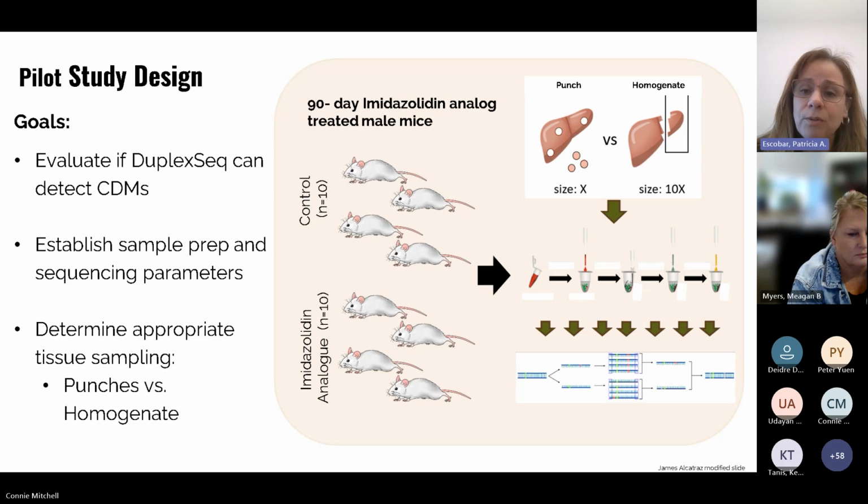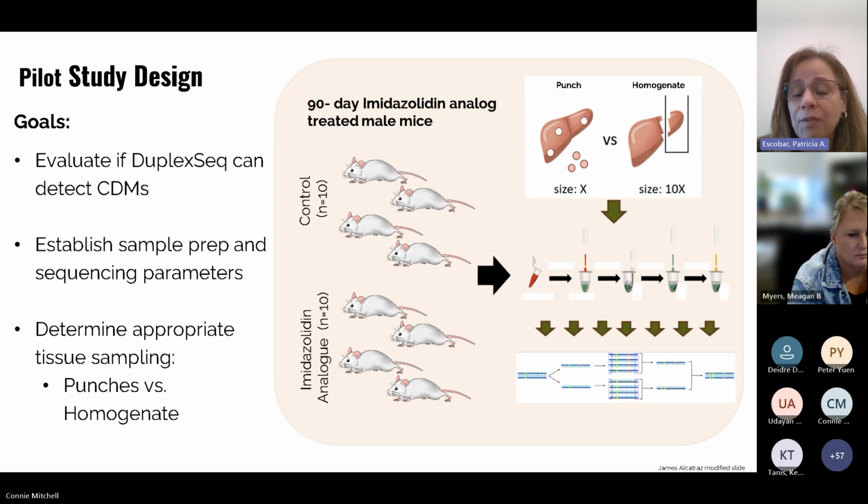And then the initial discussion we had as a group was that in the previous study, the PCB126 study, all of the samples were done by punches. But there was a thought: do we really need to do punches, or could we just homogenate the tissue? That became one of the main questions we wanted to answer, not only because of our study, but because we link a lot with the GTTC error corrected sequencing, so we want to keep track of what they're doing.